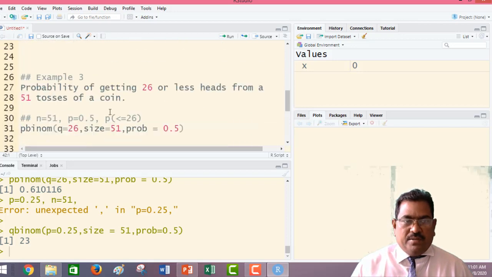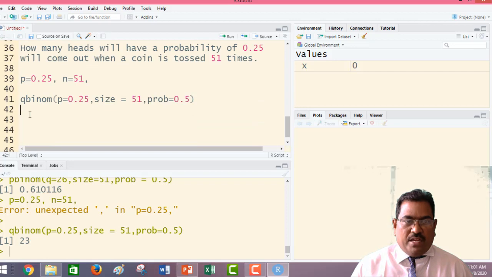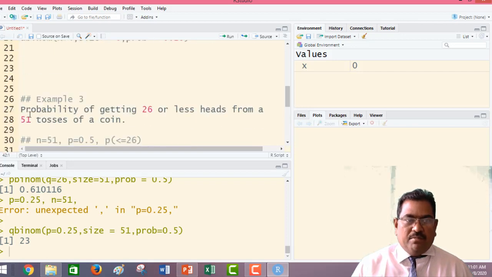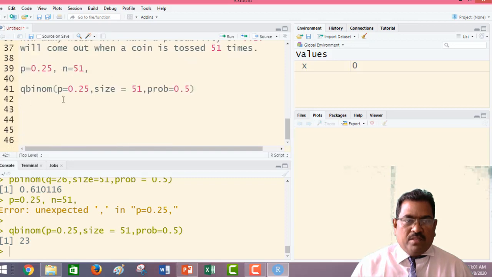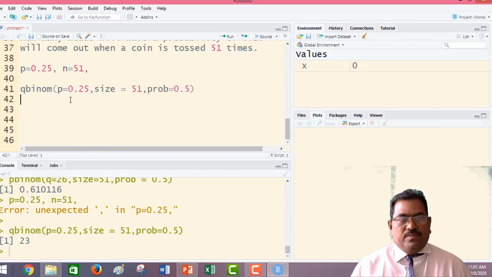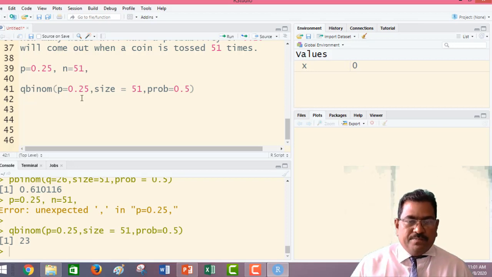You understand the last one, qbinom and dbinom. dbinom gives the probability at a point, but qbinom gives the value, or the number x, at a probability of 0.25.